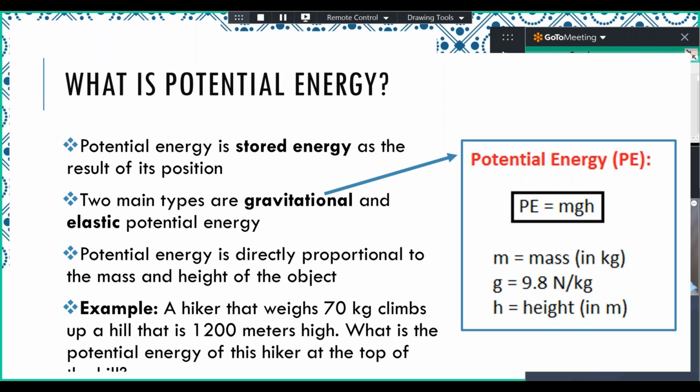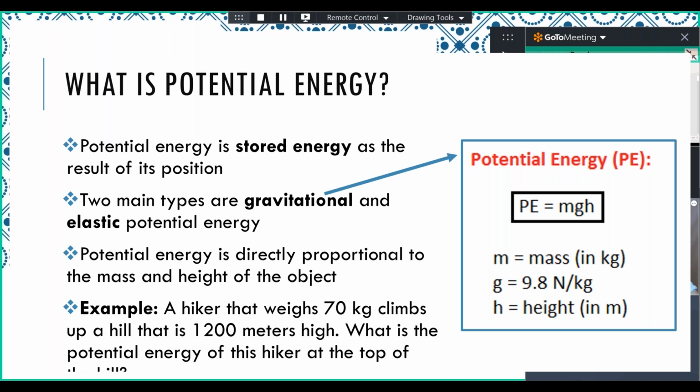Potential energy is basically stored energy due to an object's position. And there are two main types. There's gravitational potential energy, which is basically the potential energy due to the gravitational force, whether it's on Earth or Moon or Mars.